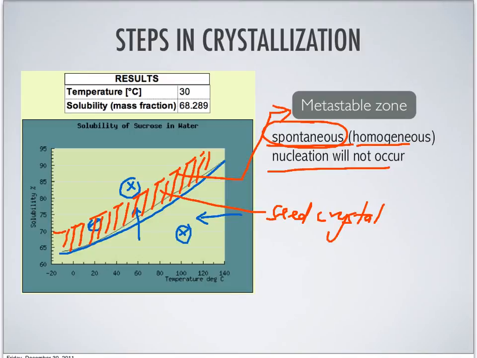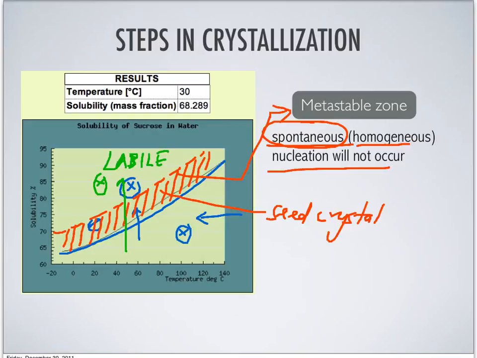If we want to get spontaneous nucleation, we have to raise the concentration of the solution not only past the solubility line into the supersaturated state, but we also have to pass through the metastable zone, so that we get into this zone. This is called the labile zone.